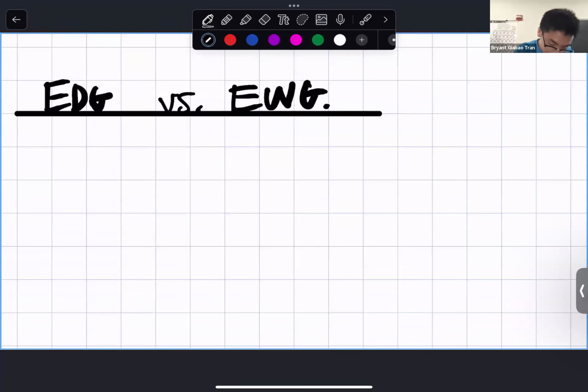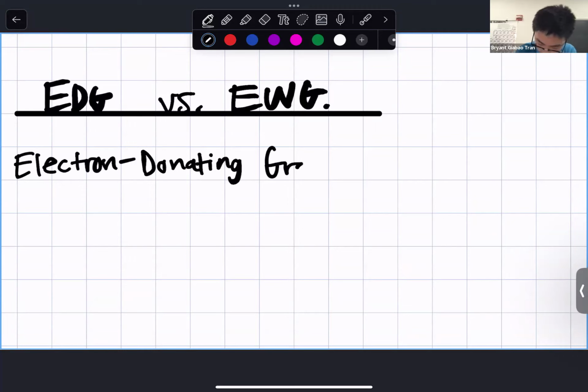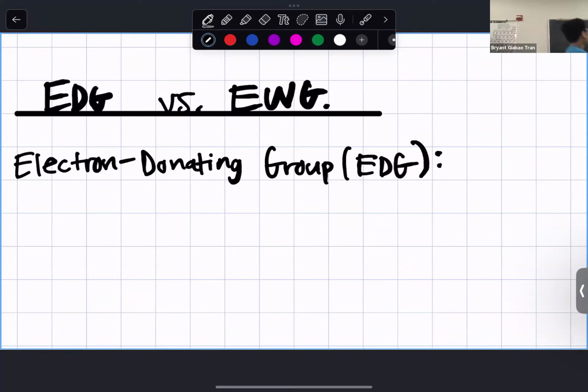So an EDG is an electron donating group. If you have an EDG, that group is going to be partial negative charge or fully negative charge with a lot of electrons in it. If it has a lot of electrons and a negative charge, it is going to be a nucleophile, which can donate electrons.